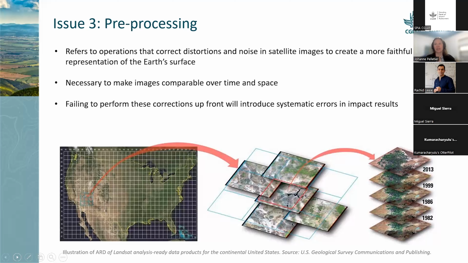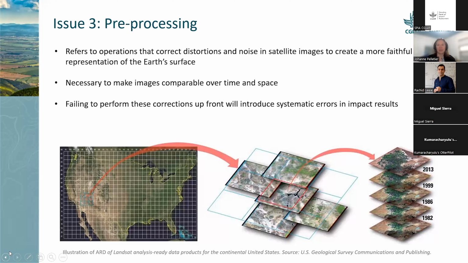Because really what it does is correcting for distortion and noise, and it's a very important step. Because impact evaluation entails a comparison in time of outcome variables, pre-processing steps are very important, and failing to perform these corrections upfront will definitely introduce systematic error in impact results down the road.